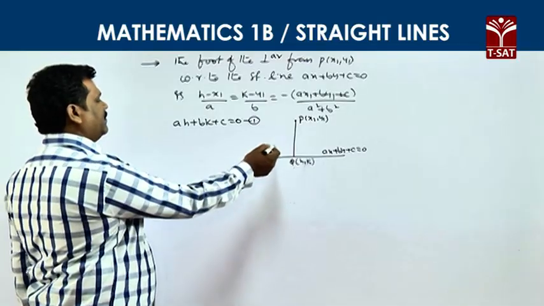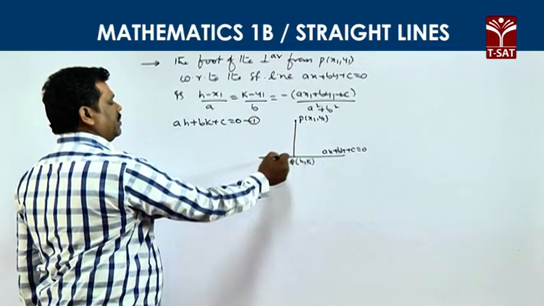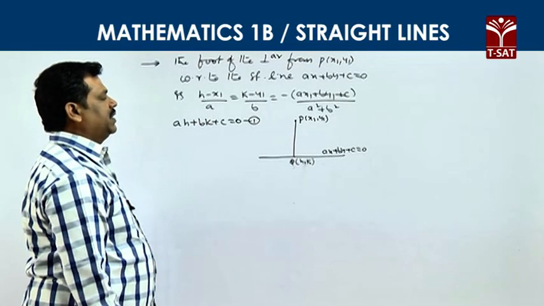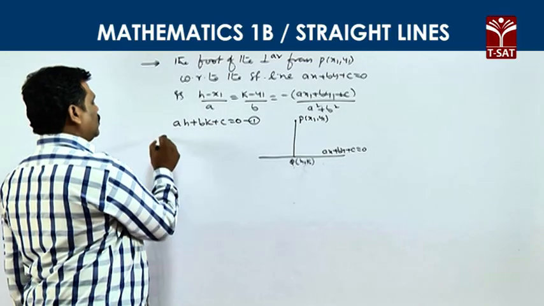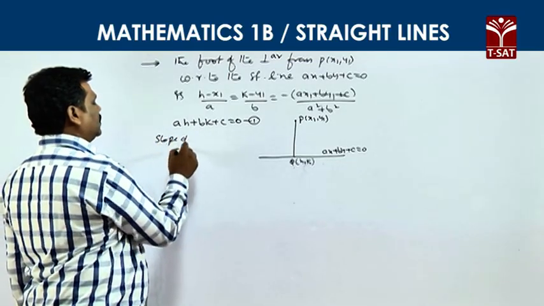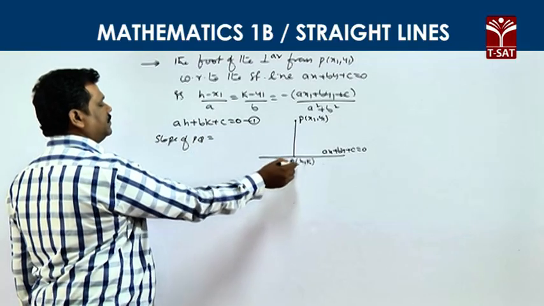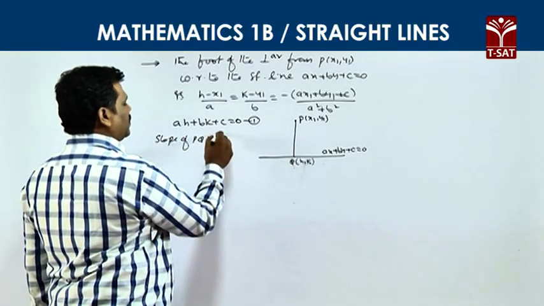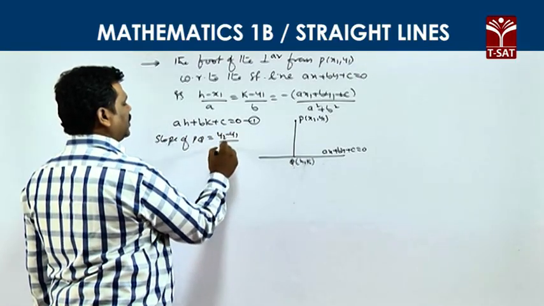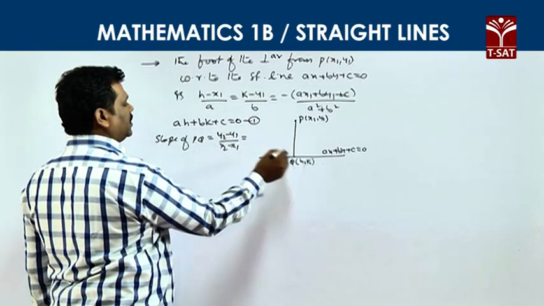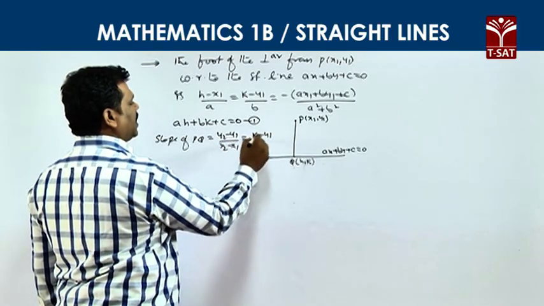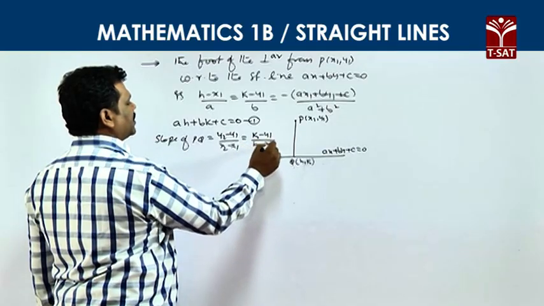Now we have PQ perpendicular to the line ax plus by plus c equal to 0. The slope of PQ, using the slope of two points y2 minus y1 by x2 minus x1, is k minus y1 by h minus x1.